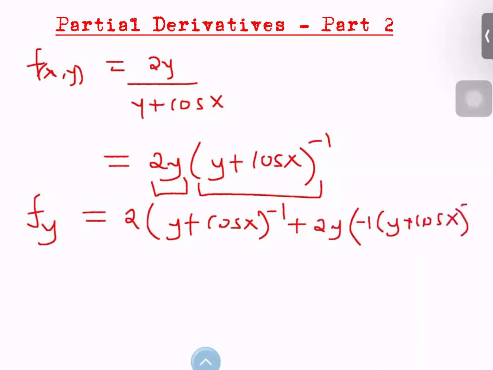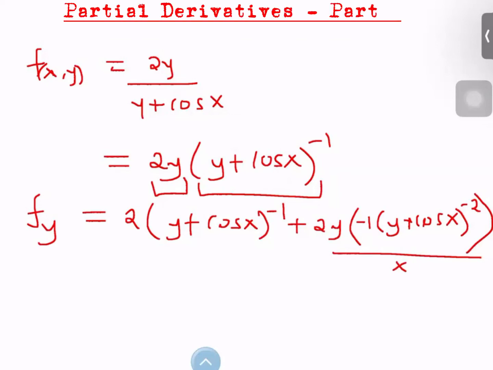Then we multiply by the derivative of what is inside, and when we find the derivative of y, that is the same as 1, plus 0. Cos x, when we find the derivative with respect to y, is equal to 0 because the variable y is not present there.